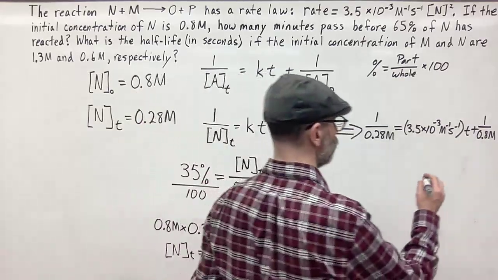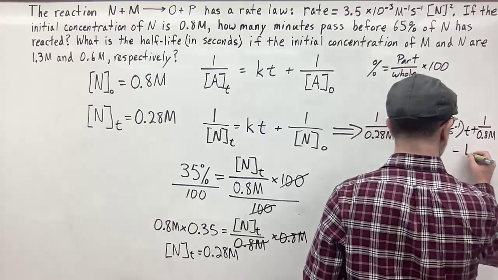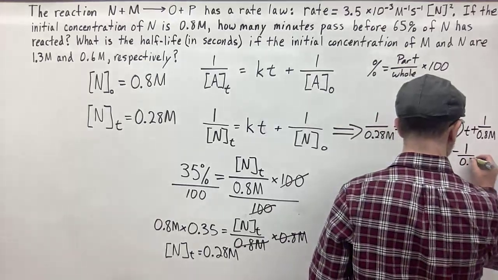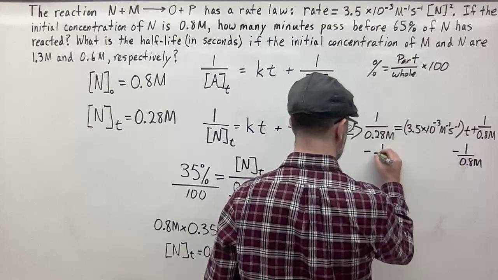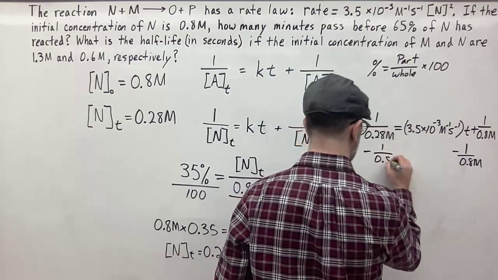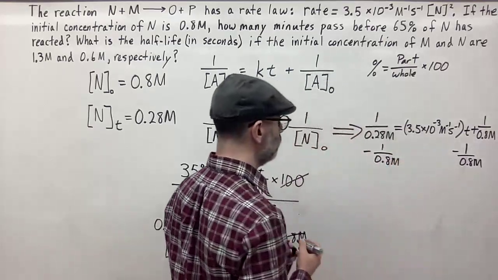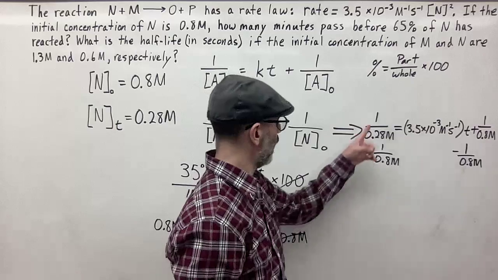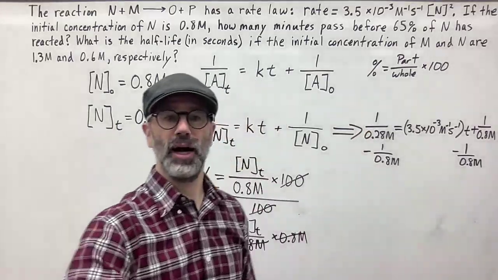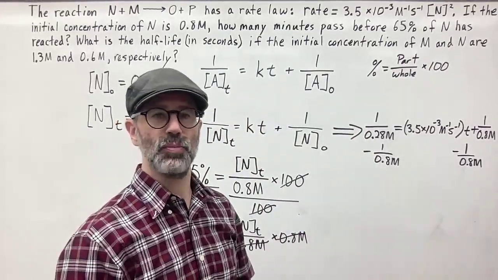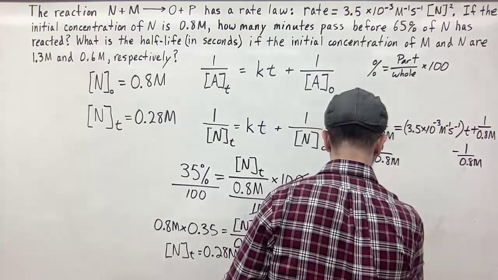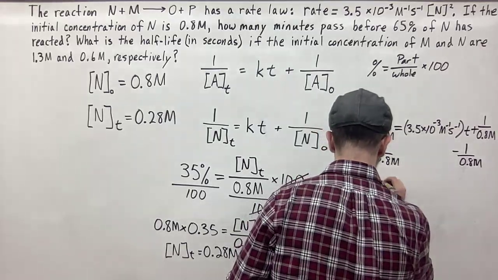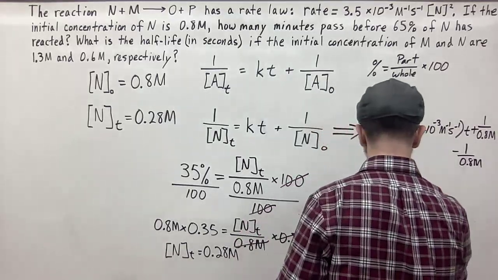So I'm going to subtract 1 over 0.8 molar on both sides. And when I subtract those two, I get 2.3214.